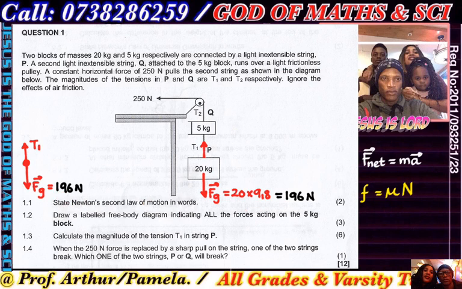Next thing, I move into the next block and do likewise. On this block here, there is a force pulling downwards. The force that's pulling downwards, which is the force of gravity for that block, is going to be given by 5 multiplied by 9.8.